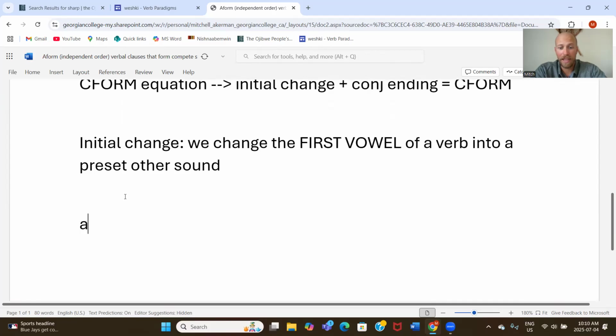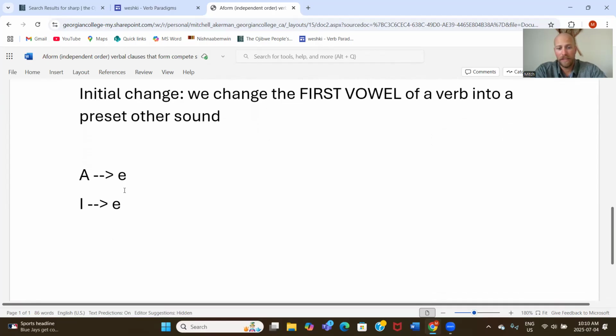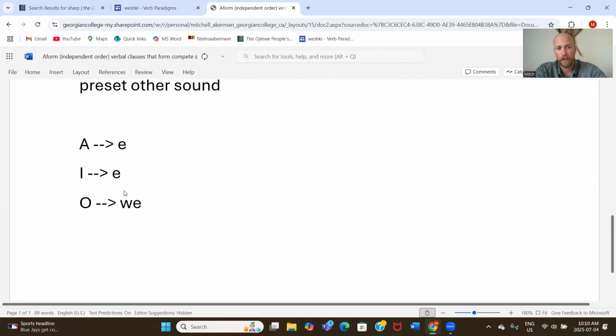Okay. So single A will turn into E. A single I also turns into E. And then the last short vowel is a single O, and it turns into WE. Okay, so A to E, I to E, O to WE.